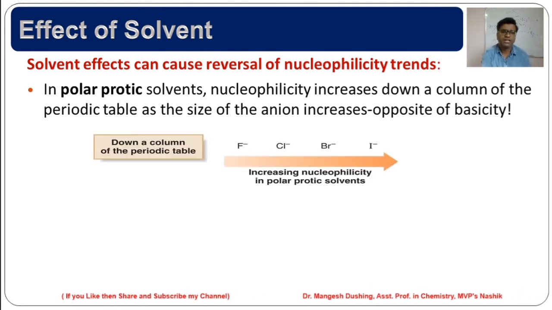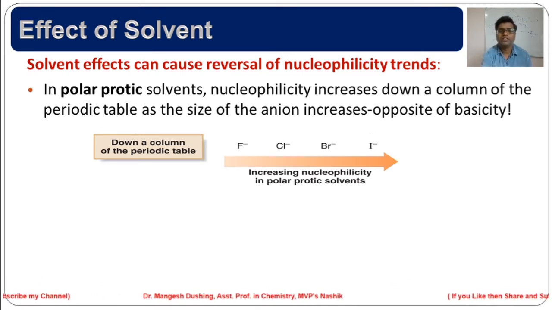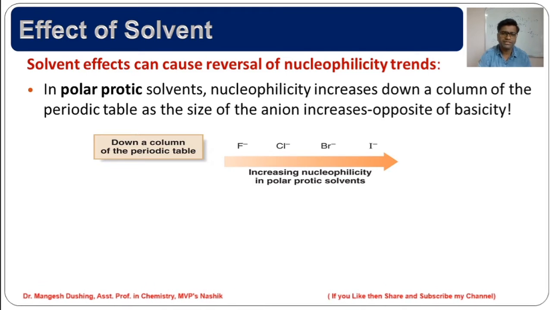Friends, if the nucleophiles are F minus, Cl minus, Br minus, I minus in a column, then from top to bottom nucleophilicity increases in polar protic solvents.